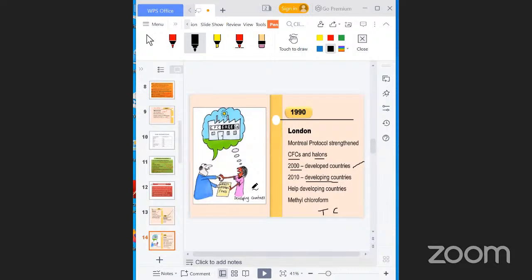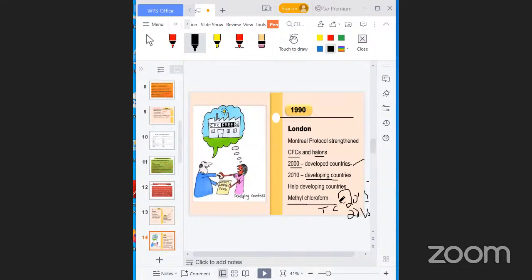Methyl chloroform was also added to the list of controlled ODS, with phase out in developed countries targeted in the year of 2005.